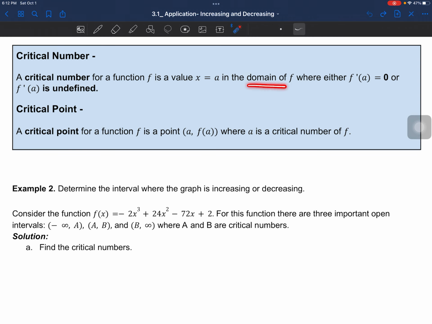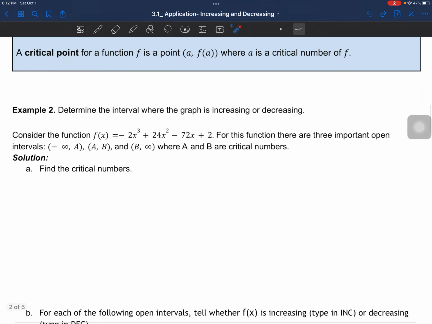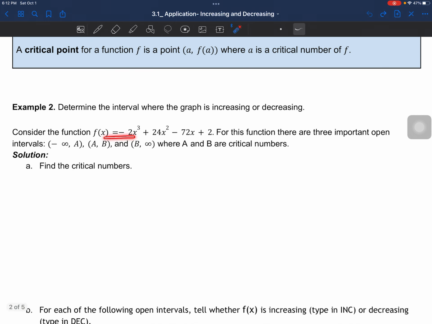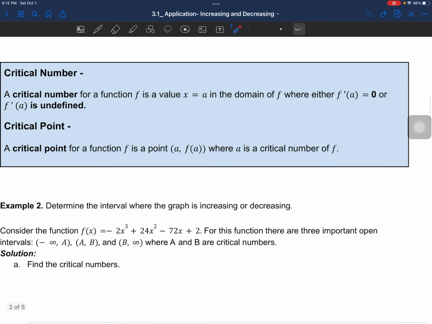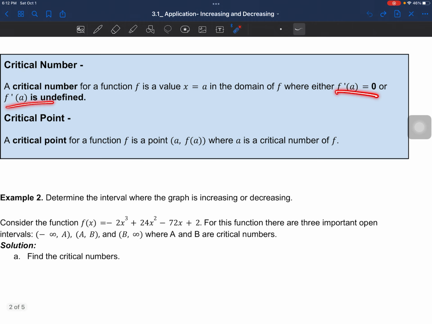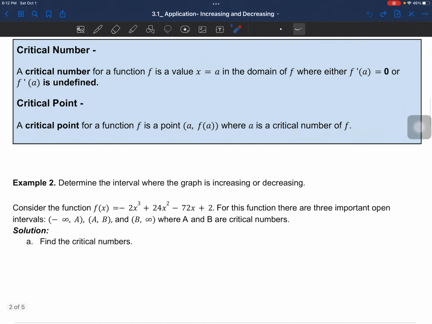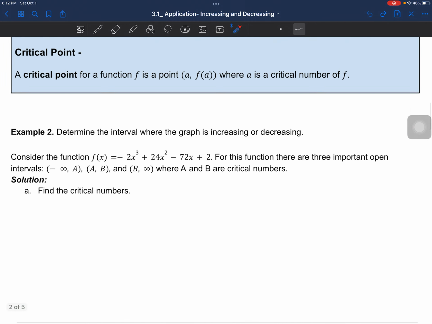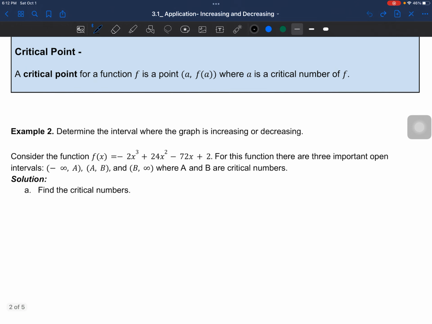Again, we have to remember that this value of x must be part of the domain of f. Since this is a polynomial, its domain is all real numbers. So any values that we find this way, by definition, will be critical numbers.